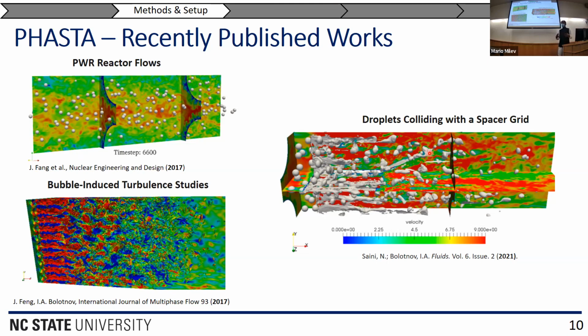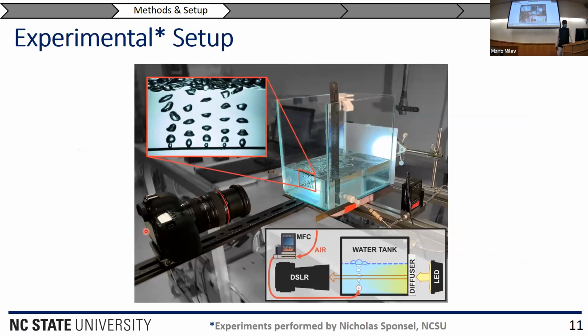And droplets are harder to resolve than bubbles, so seeing this done makes the bubble side of the equation a lot easier to deal with. And then there's this bubble-induced turbulence. Looking at the wakes of the bubbles, if they were very aggressive, FASTA would be able to deal with that as well. But typically with our bubbles rising in quiescent fluid, it's just laminar flow behind the bubbles, so it's not a big deal to resolve. We're more interested in the collision side of that.